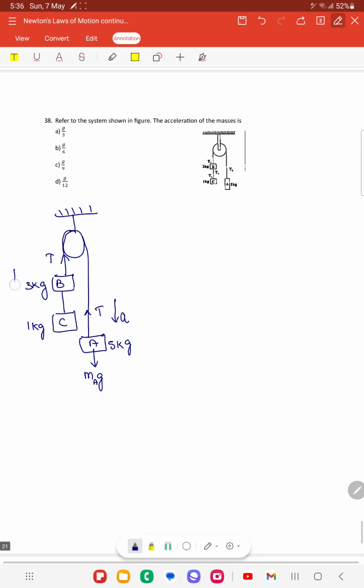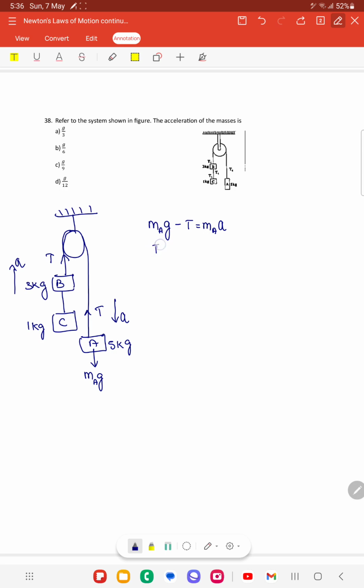So the net acceleration acts in the upward direction.